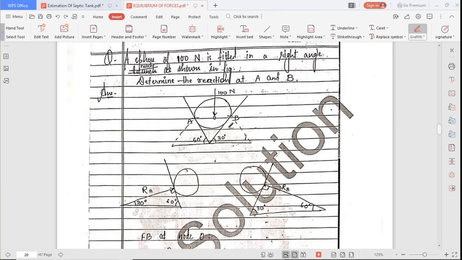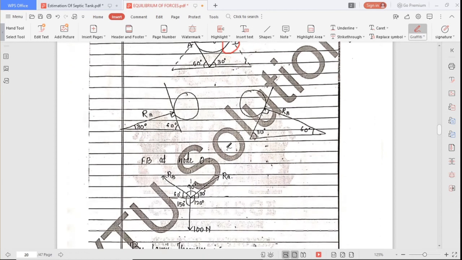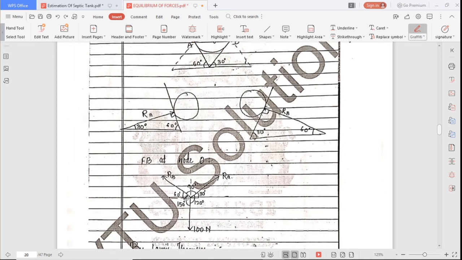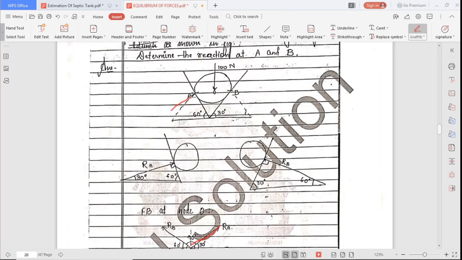So you take just the FBD at node O. Take this force as the force coming from this. Where there is a contact, there will be a reaction. So at node, this is the RA, in this direction only they have taken here.